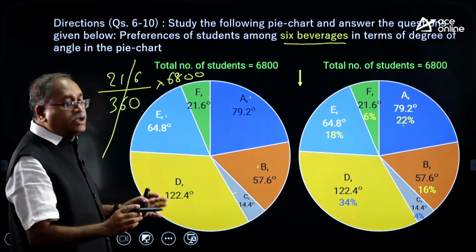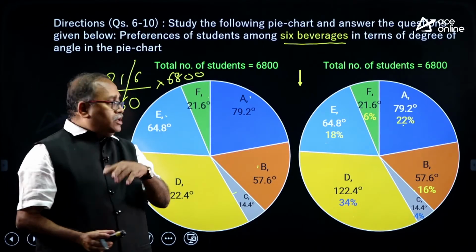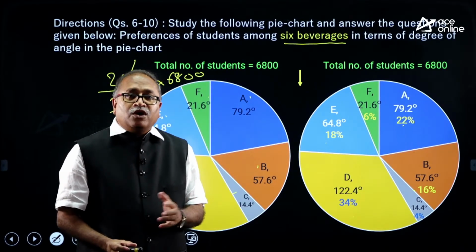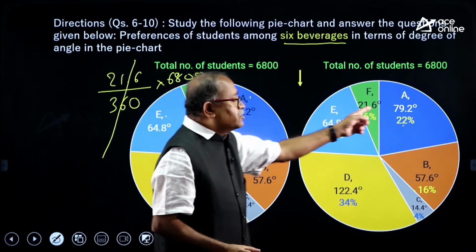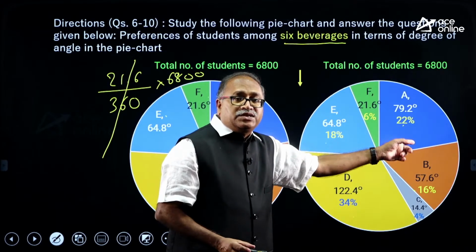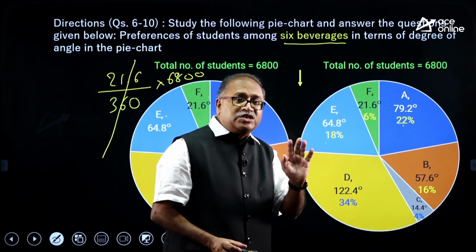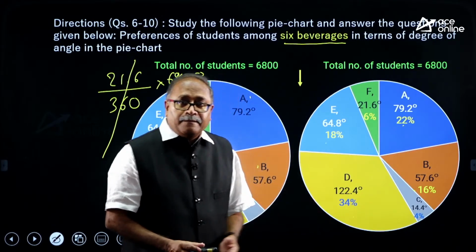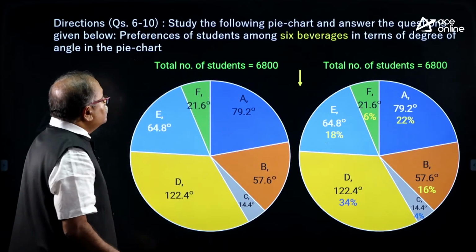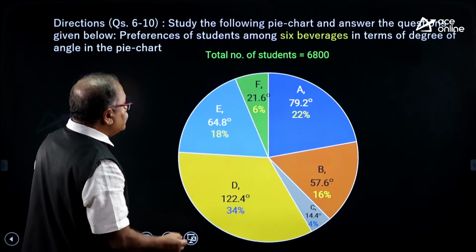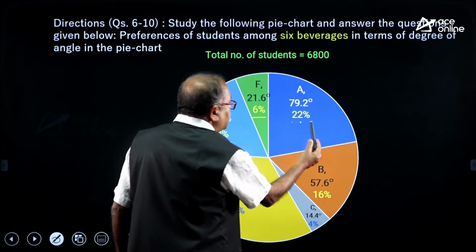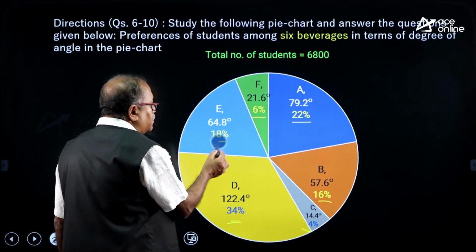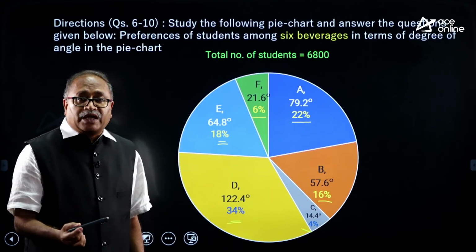So there are two options. Initially you can convert all 6 values into percentages, or whenever required you calculate the percentage and write it down somewhere, so that you do not need to calculate it again. In the exam or practice, you can calculate wherever it is needed.